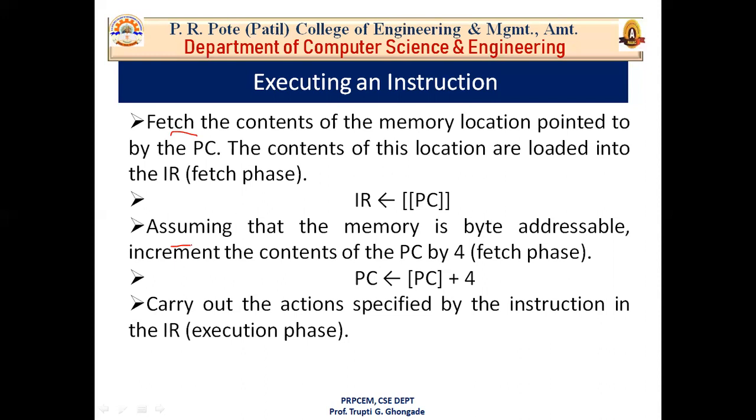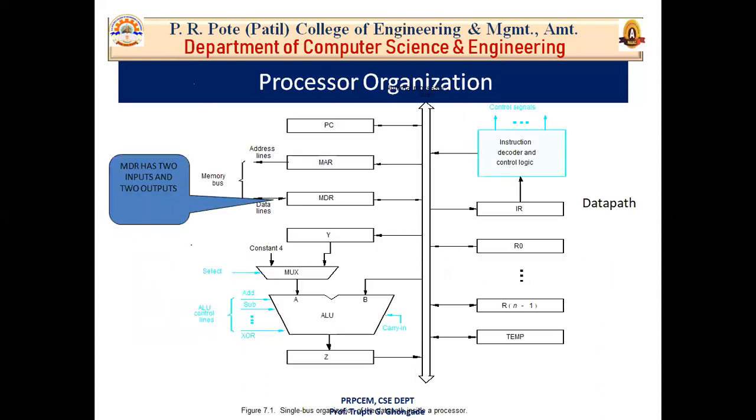Now look at the internal organization of the processor. This is the processor internal organization, in which there are the arithmetic and logic unit and all the registers: IR, R0 to Rn-1, Temp, Z, Y, MDR, and MAR.